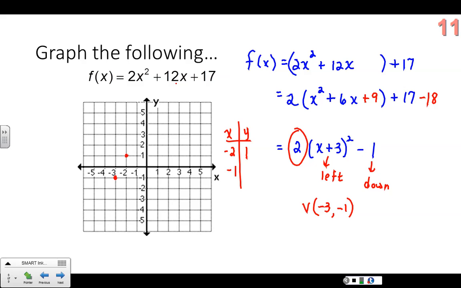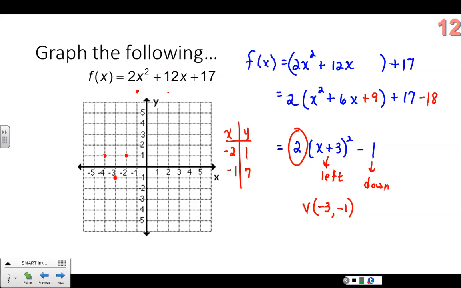I know symmetry says that I'll have 1 here as well. All right, and if I plug in -1, that's going to give me 2 minus 12 plus 17. Okay, so I got 7, so (-1, 7).